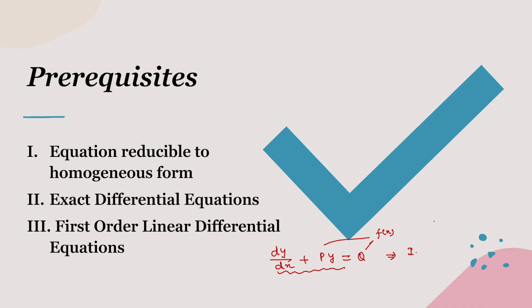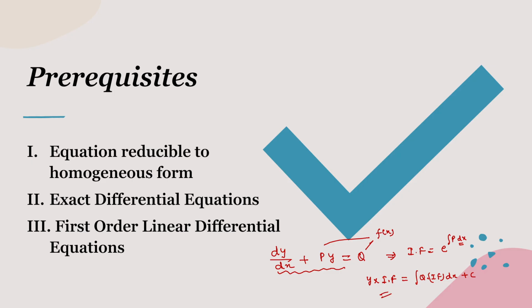First we have to find the integrating factor, which we can find as e to the power integral of P dx. The solution was given by y into integrating factor is equal to the integration of Q into integrating factor into dx, plus some constant that we get after doing the integration.